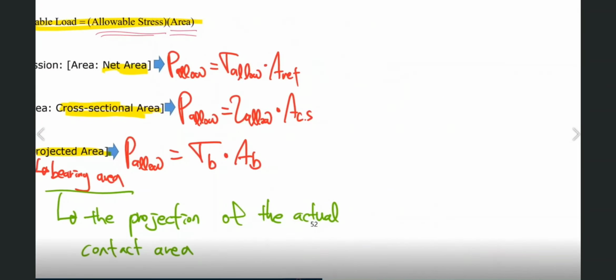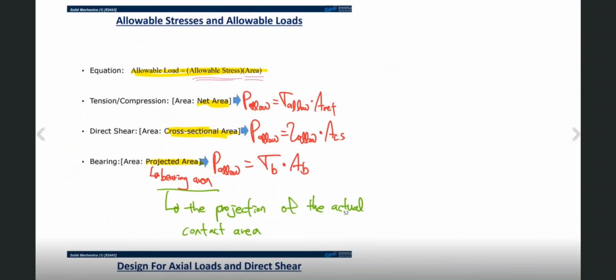So I would like to give you a specific example about the bearing area. Actually, the definition is the projection of the actual contact area. So here, there is a mechanical structure.